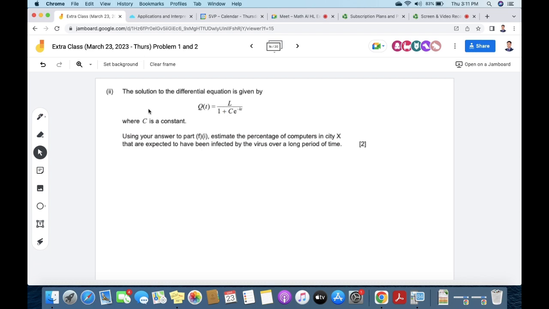So what are we trying to find out here? The percentage of infected computers over a long period of time.